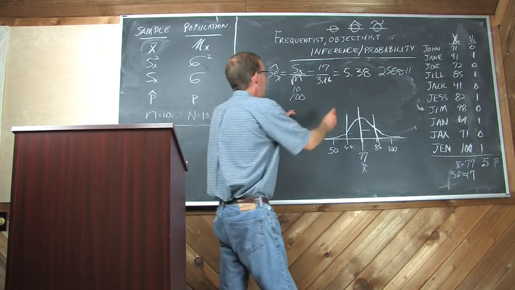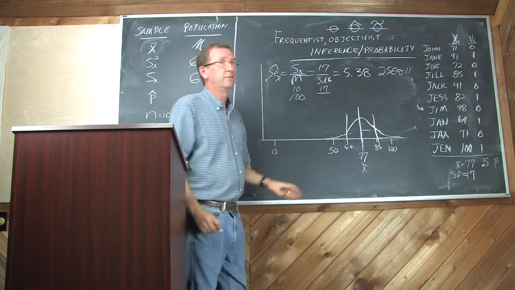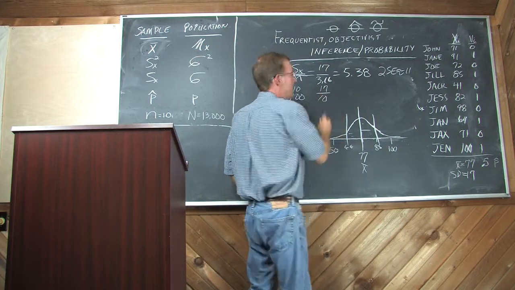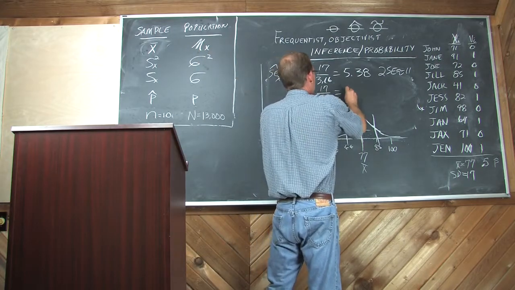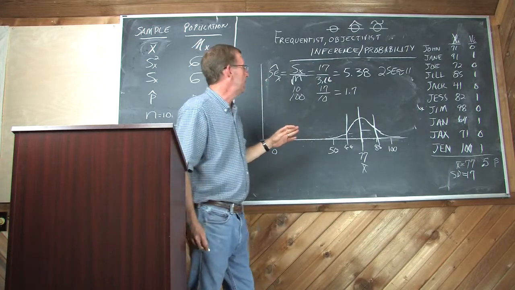Then this problem becomes 17 divided by the square root of 100, which is 10, right? And in your head you can do that as 1.7. And then you're going to double that.